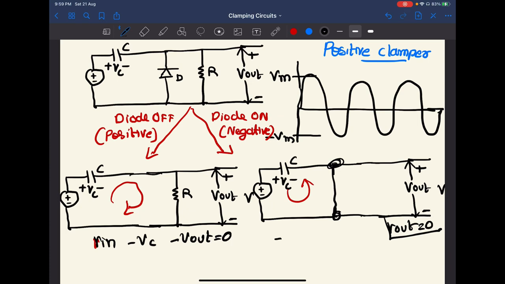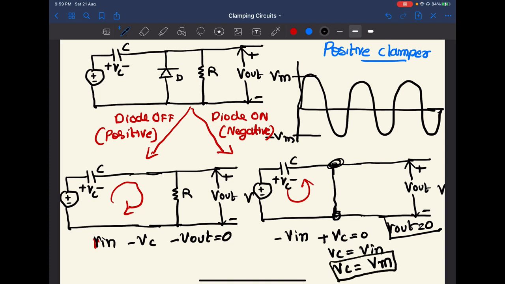So minus V in plus Vc equal to 0. So Vc equal to V in. We can see that the capacitor is charging in the case of a negative cycle. And there is no resistor in series, which means the capacitor will easily attain the input voltage. This is happening during the negative cycle and the capacitor will be charged to the maximum value, V maximum.